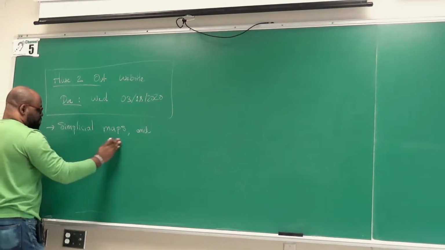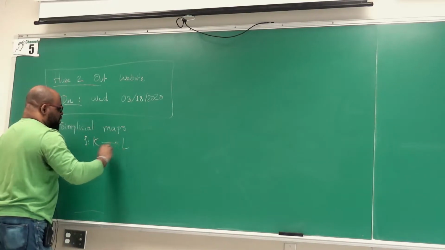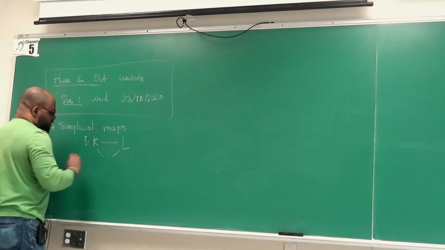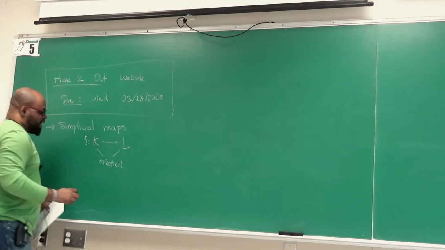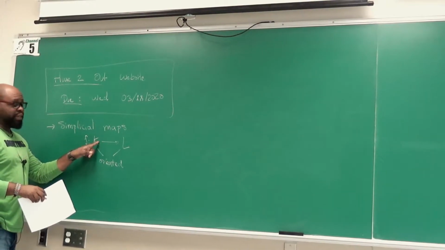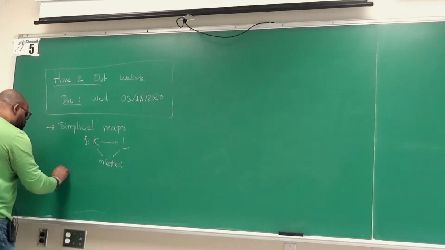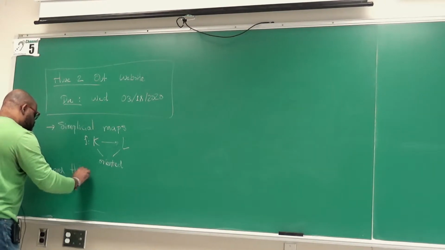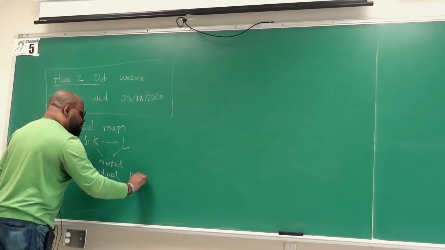So let's say simplicial maps F from K to L, where these are oriented simplicial complexes, meaning that we've chosen an orientation of each one of the simplices. We have their induced linear maps.